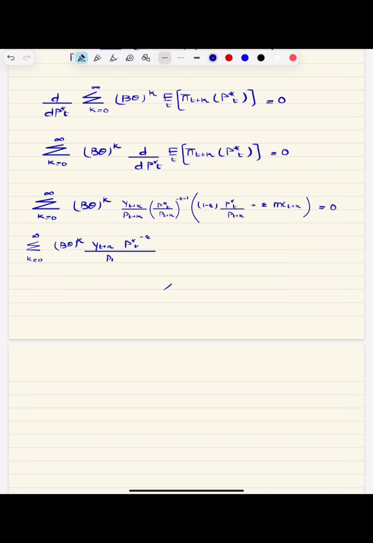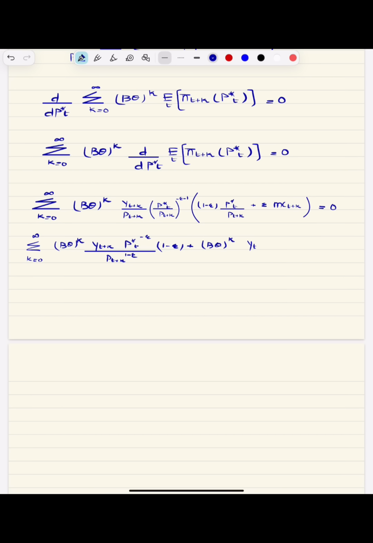So pt plus k is power 1 minus e, and multiplied by 1 minus e, plus we'll have a beta k, b theta k, and again this actually remains pretty much the same.